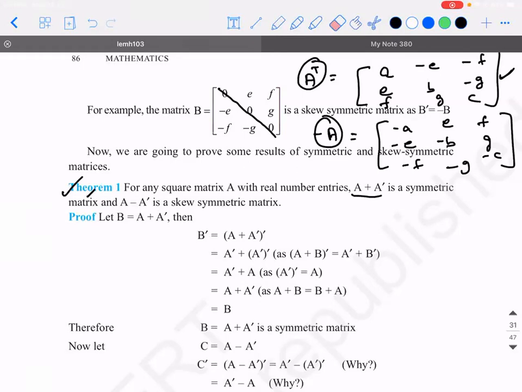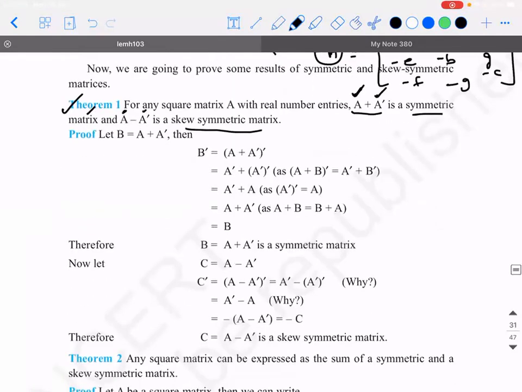So if you have a square matrix A, then the sum of the matrix A with the transpose of it is always symmetric. Whereas the sum of the matrix with the negative of the transpose of it is always skew symmetric. Okay, that is the first thing.